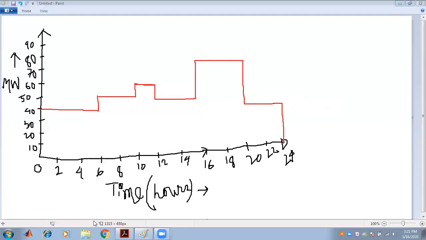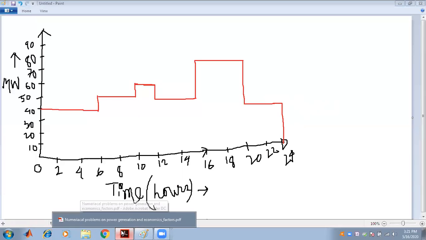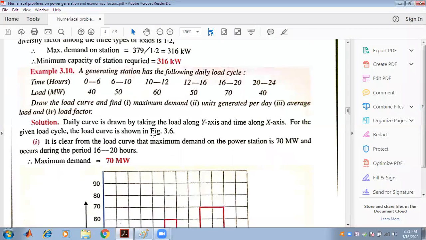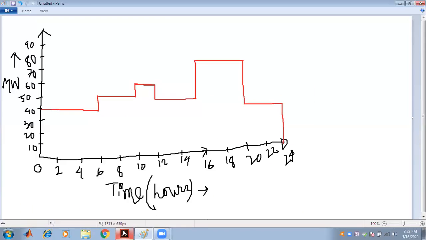So our first problem is to find the maximum demand. From that load curve, we see that the maximum demand is at 70. The maximum demand is at 70 from the load curve.